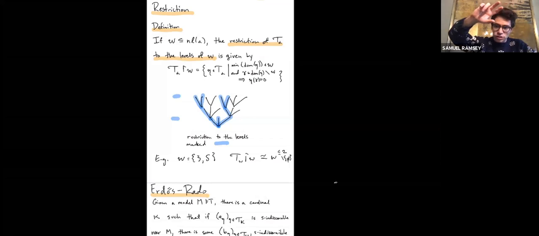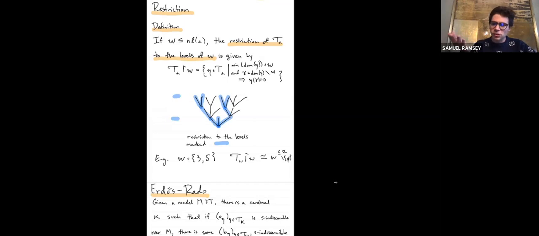You have a choice for where to define 5 and where to define 3. On the other hand, if you're only defined at 5, then you just have countably many choices. That's like the first level in your tree. And those are the only two options, right? You have to be defined at either the first element or the second element. And those are the only 2 degrees of freedom you have, because the way you're defined at any of the subsequent elements has to be 0. So you get omega to the less than or equal to 2 minus the empty node, because you don't actually have an empty function in this case, right?